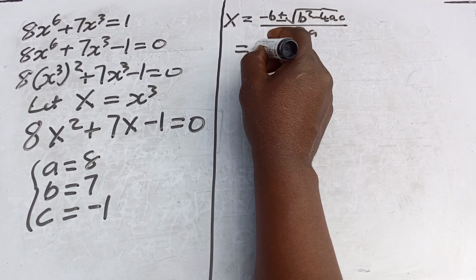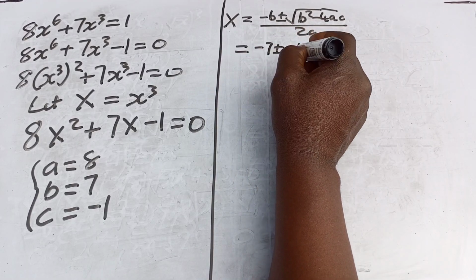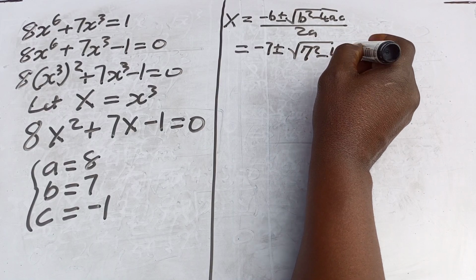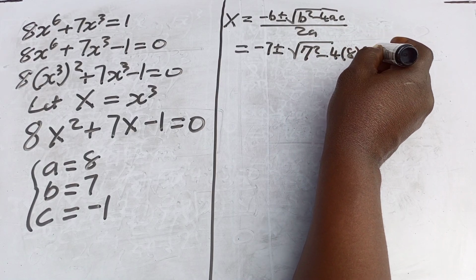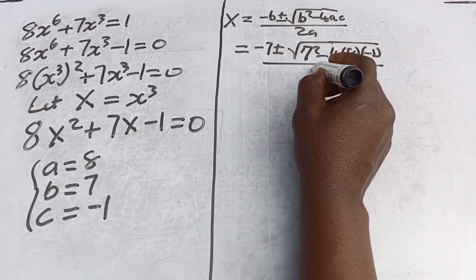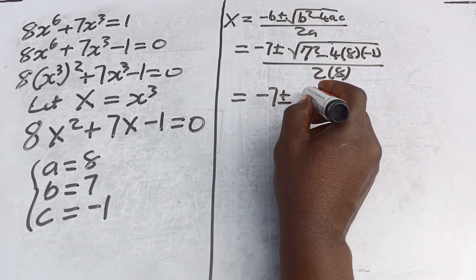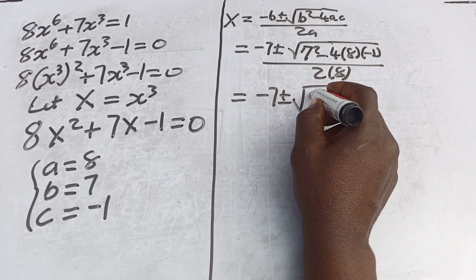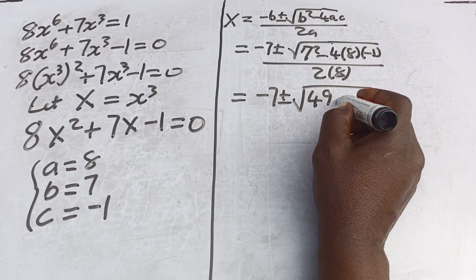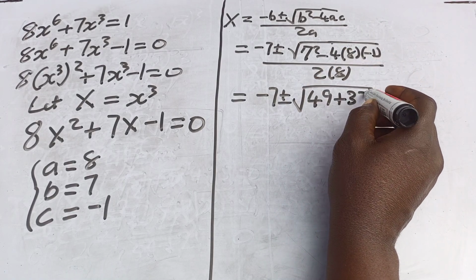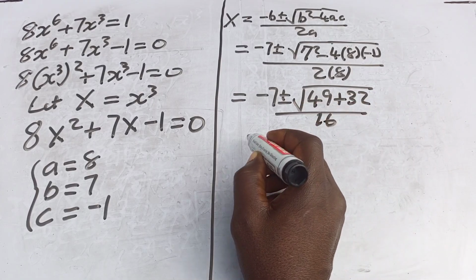So we're going to have minus 7 plus minus the root of 7 squared minus 4AC all over 2A. This gives us negative 7 plus minus the root of 7 squared is 49. Minus minus become plus. 4 times 8 is 32 all over 16.